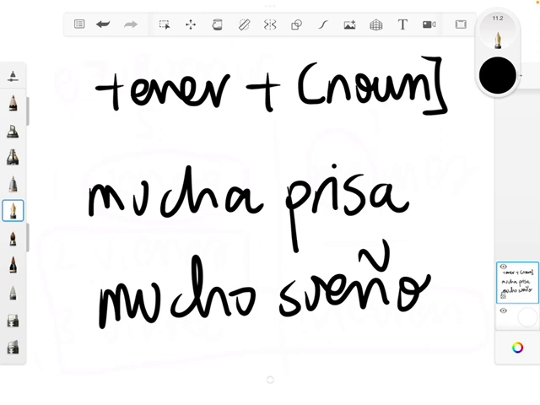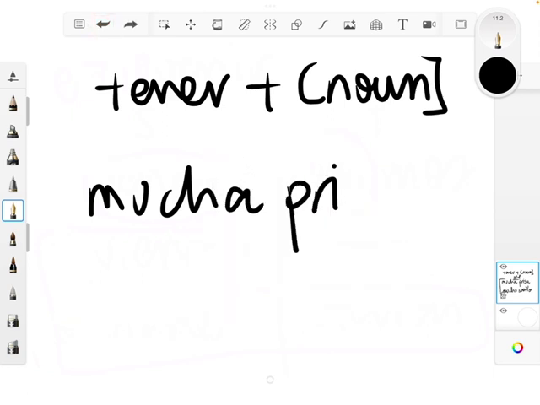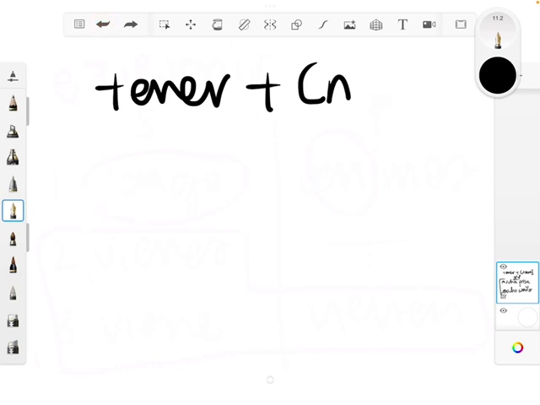Some of them, it's going to be harder to tell whether it's masculine or feminine. For example, sed doesn't end in an O or an A, so that one you would have to memorize whether it's feminine or masculine. And it's feminine. You want to make sure that you are able to use these correctly based off of their grammatical gender.